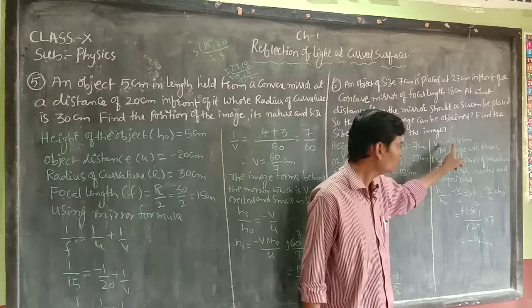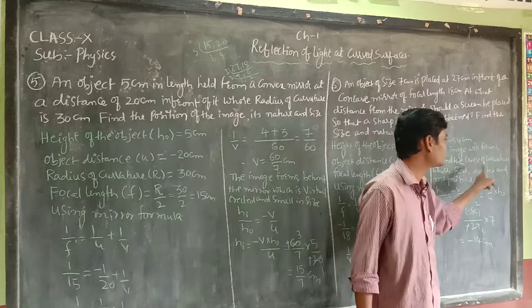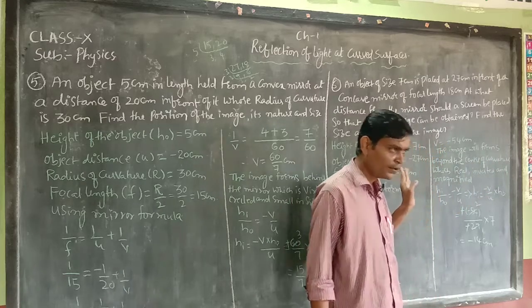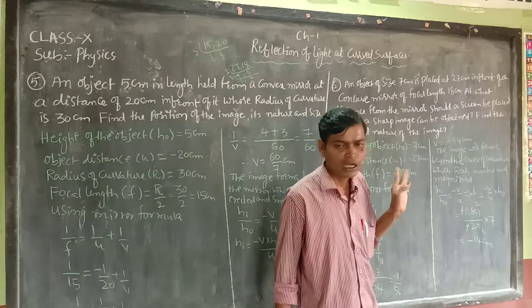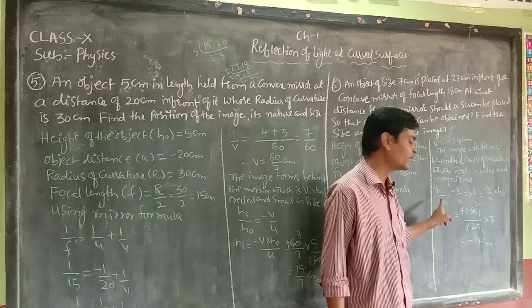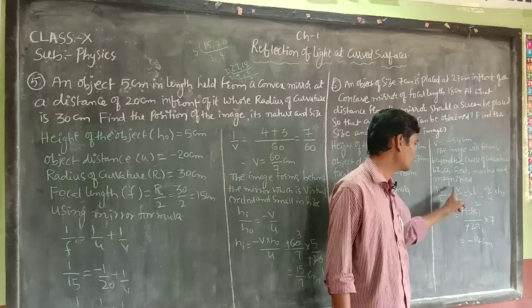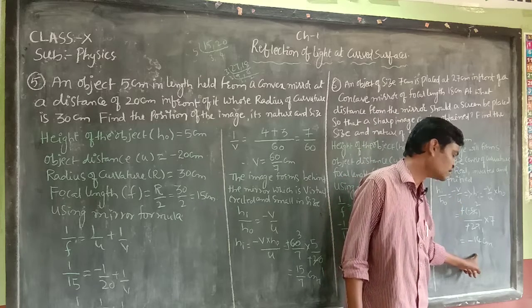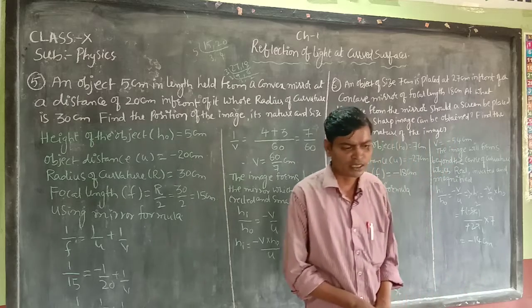With this, we wrote that the image will form beyond the center of curvature and is real, inverted and magnified. Now we have to find the height of the image. So using the magnification formula, hi by h is equal to minus v by u. With this, we finally got the height of the image as minus 14 centimeters.